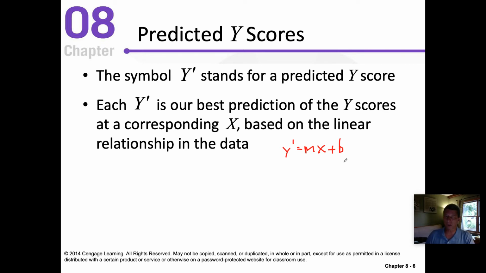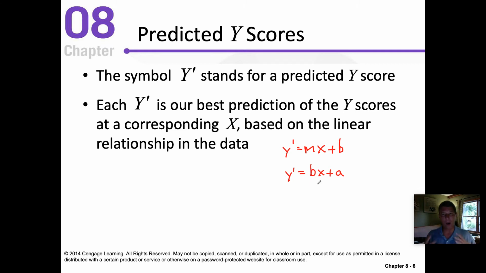Now, unfortunately, your textbook uses a slightly different version of this formula. They say that y prime is going to equal bx plus a. I personally hate this because it leads to some confusion, since the b's have kind of swapped places here.